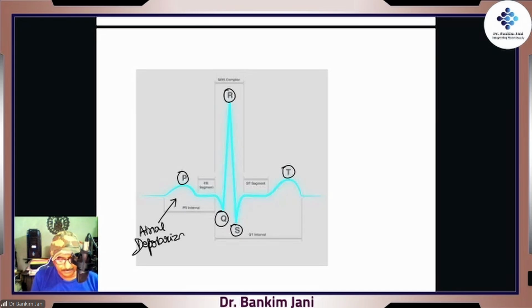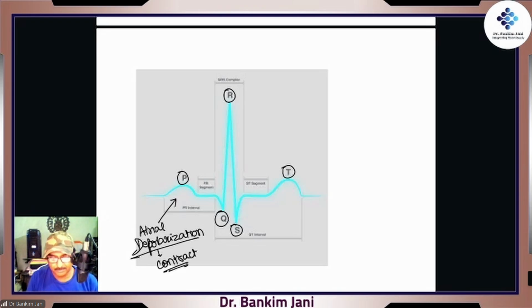So when we say atrial depolarization, that means when there is a spike, when there is current. When there is current, that means this is the time when the atria would contract. So that's the P wave.